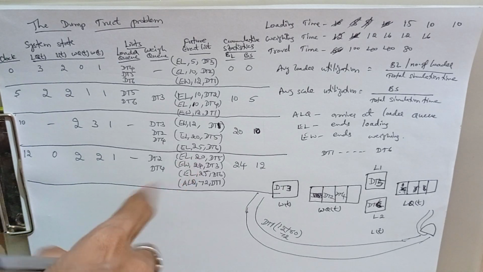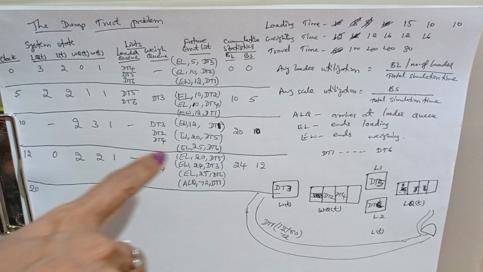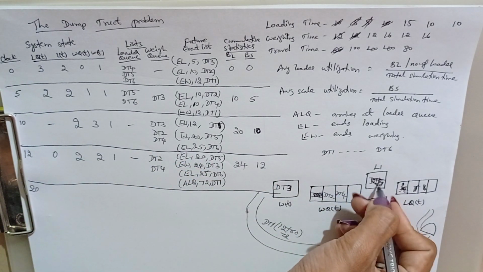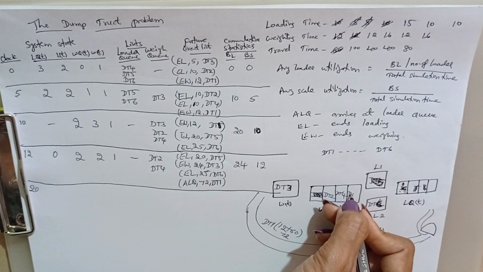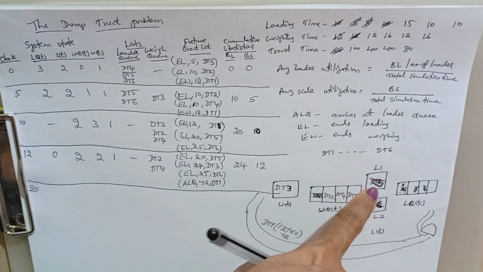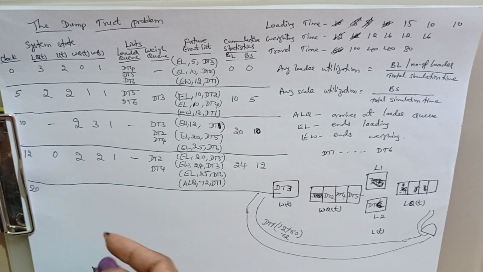Advance the time to 20 minutes. At time 20 loading completing, that is truck 5. This completes loading, so it will enter into the weighing queue. So no need to write the next loading because next loading will occur at 72. Wait and see next what will happen.